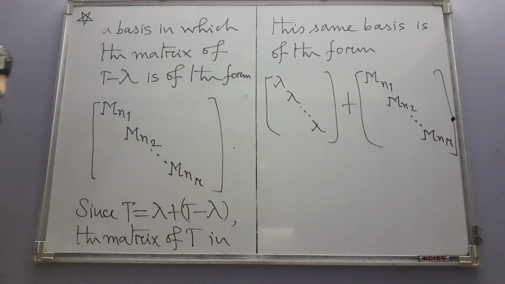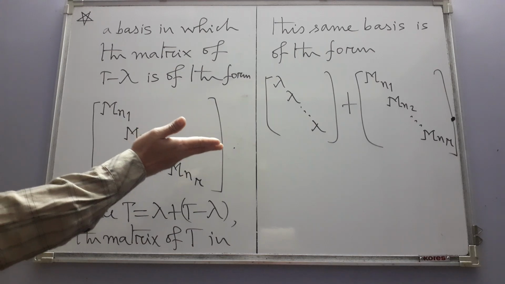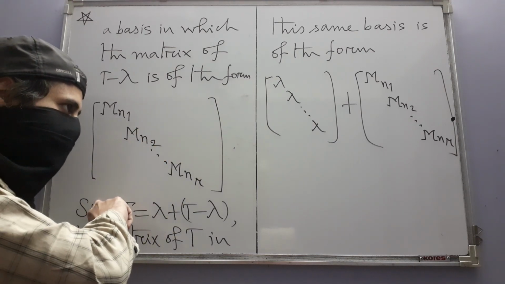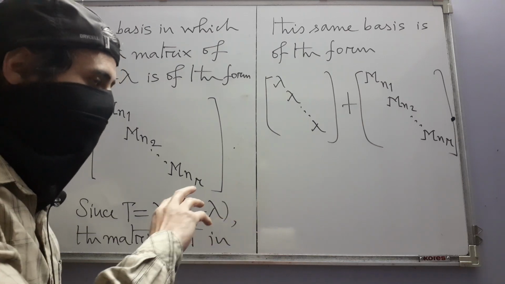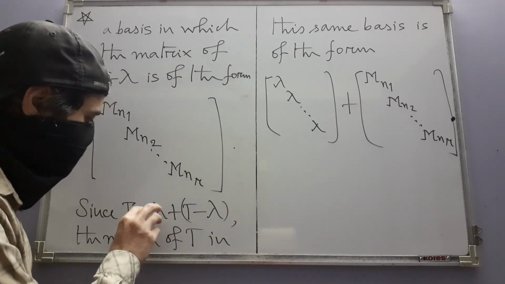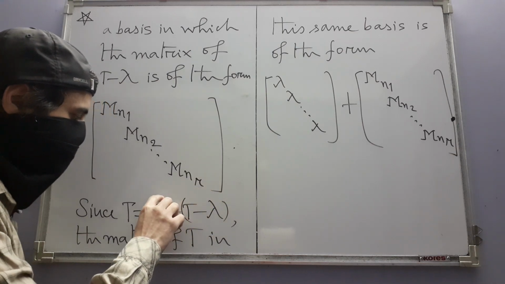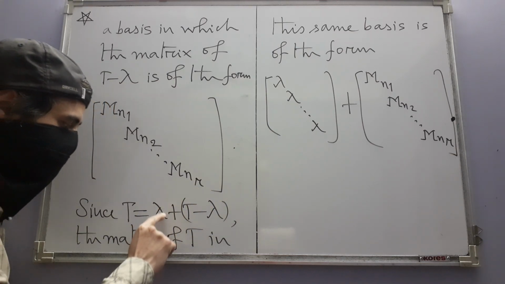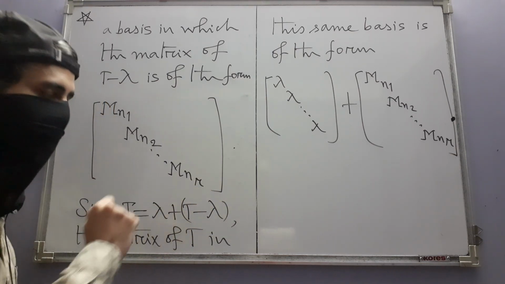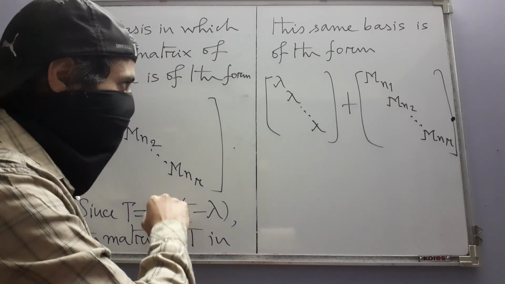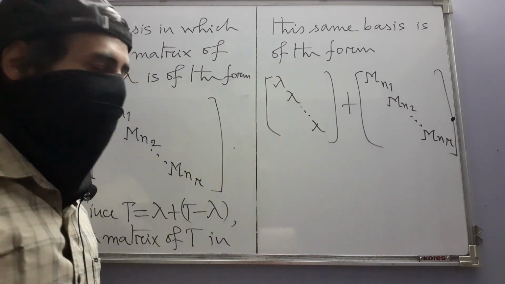Oh, and one more thing, why are we getting the matrix like this? That's because the operator algebra and matrix algebra are isomorphic. So if you find the matrix of this in some basis and the matrix of the operator lambda times identity operator in any basis is going to look like this.